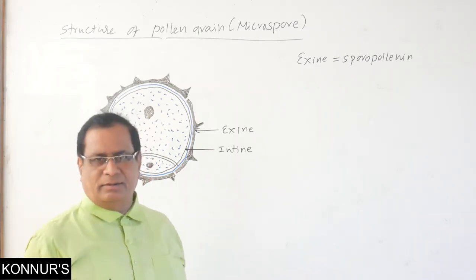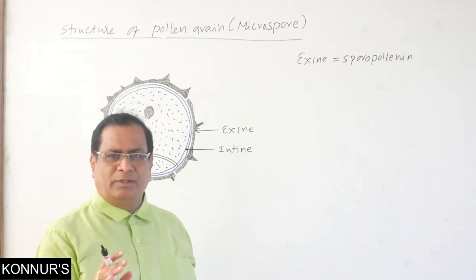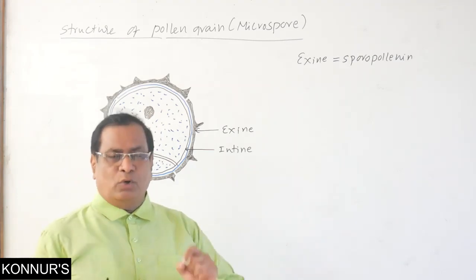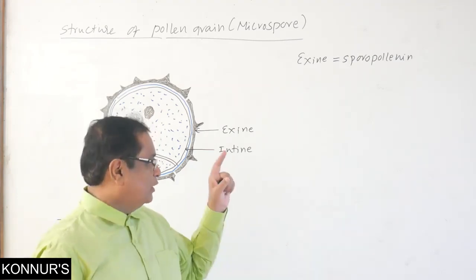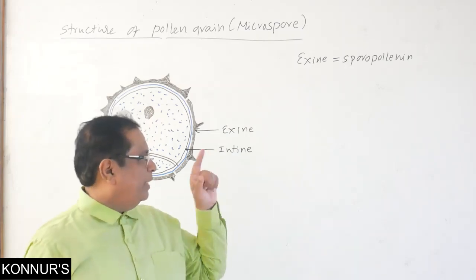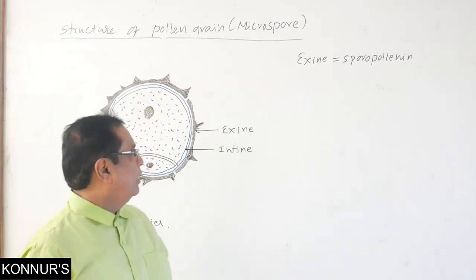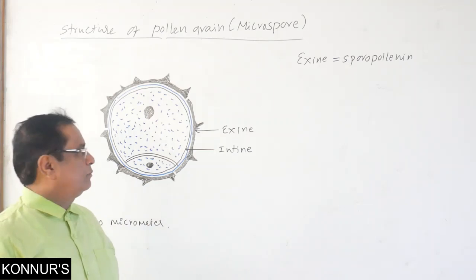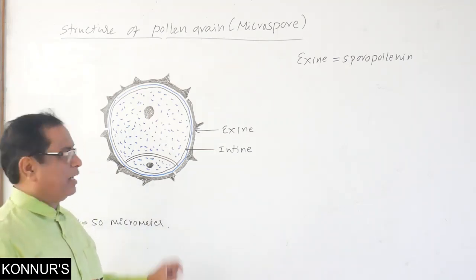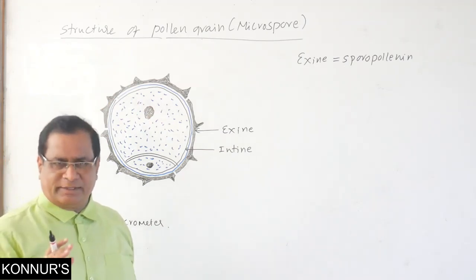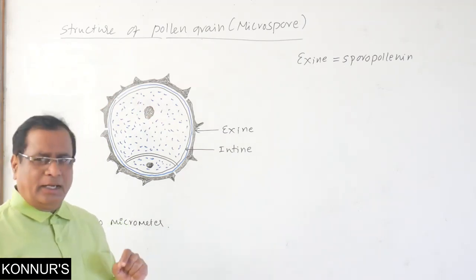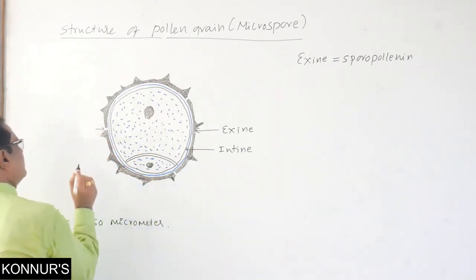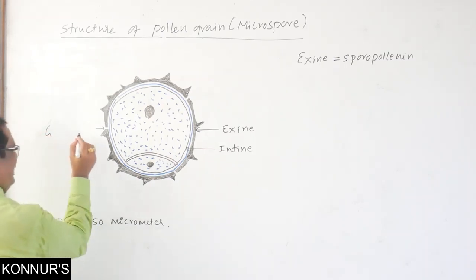That's why it is the most resistant organic material, sporopollenin. The exine has rough outgrowths on the surface, and here and there some minute pores are present in the exine.